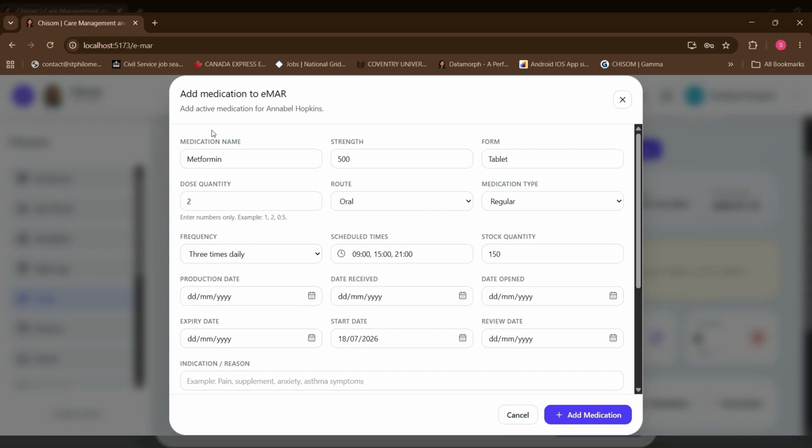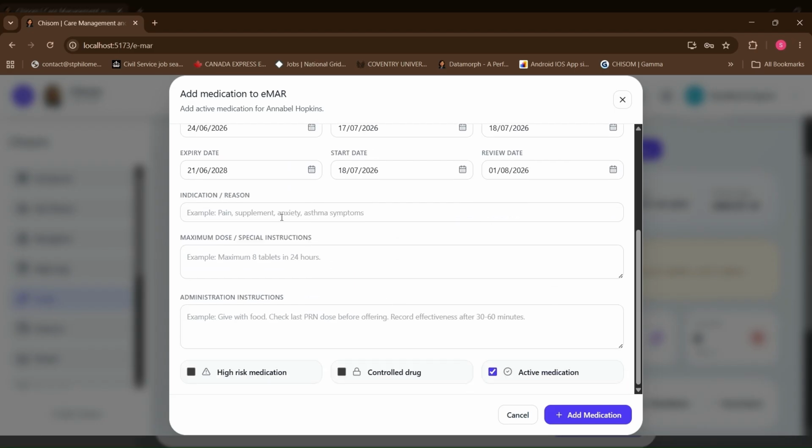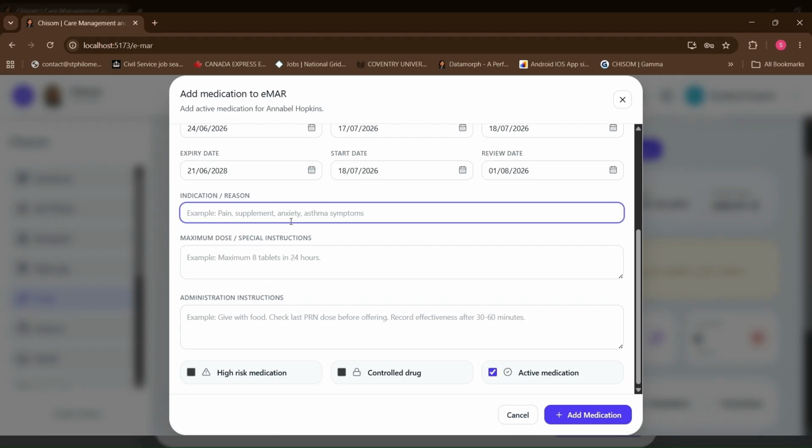Production date, I can put any date. Date received, I can put as yesterday. Date opened, I can put as today. Expiry date, I can put as 2028 June 21. Then review date, I can put as maybe the next 2 weeks or so. I can say this medication is for, let's say, diabetes, for instance.